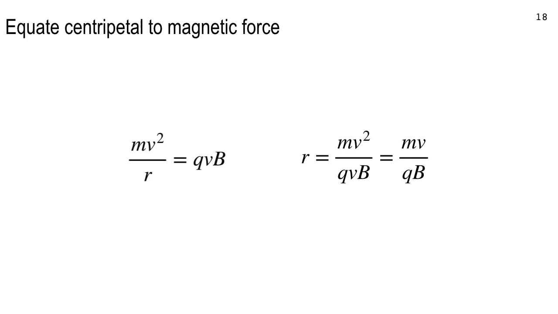MV is a momentum. Now, Q times an electric field would be newtons. But Q times a magnetic field is not. And in the numerator is a momentum, MV.